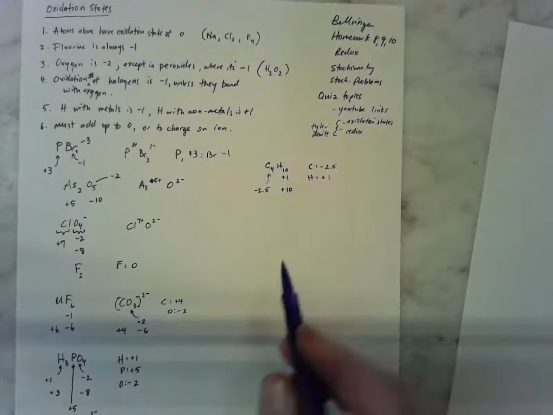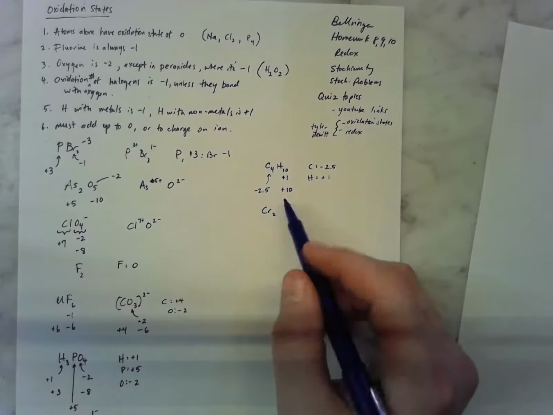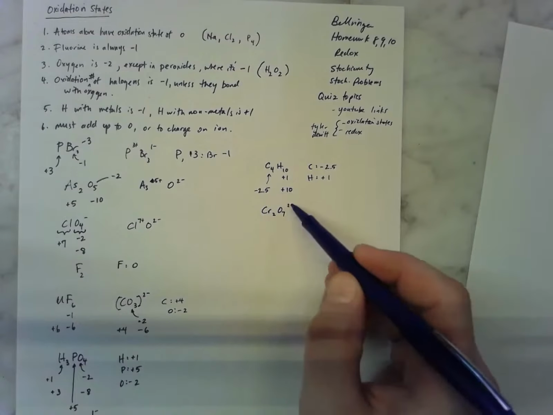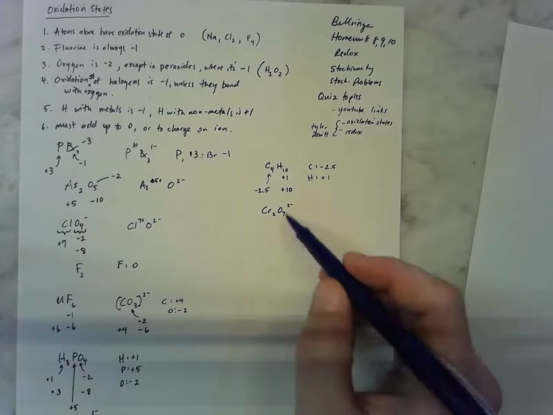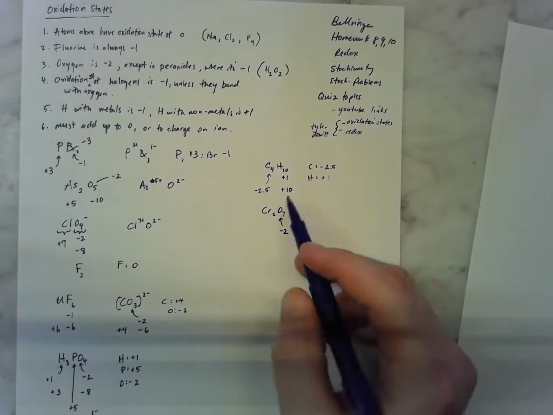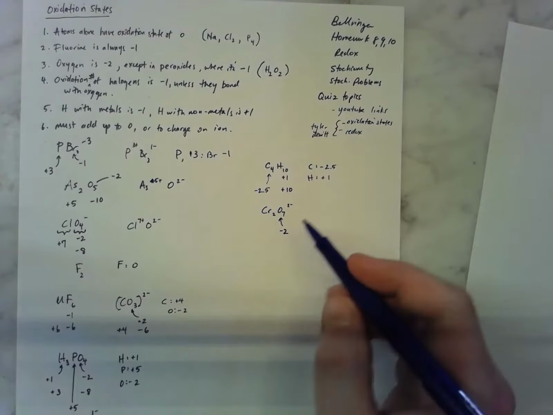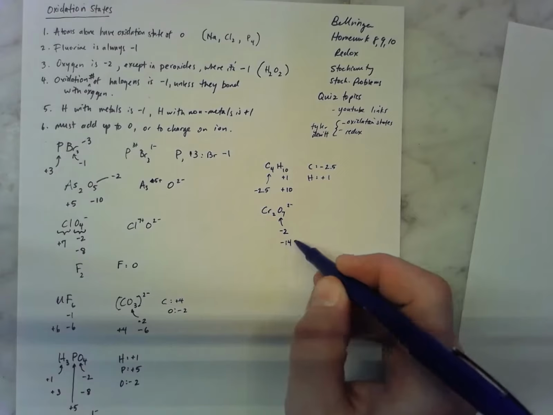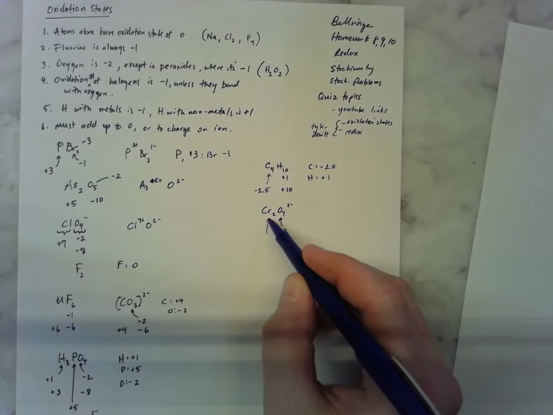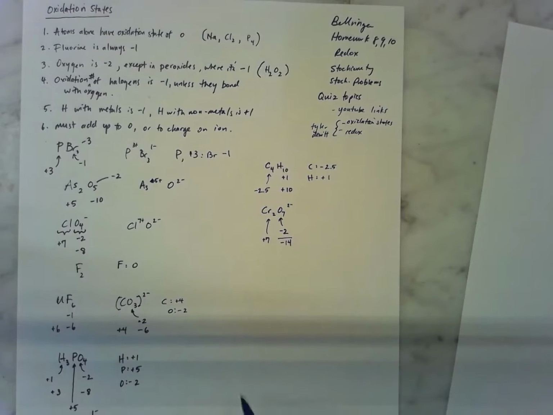Okay, very quickly now, Cr2O7, and that's got to be a 2 minus overall. So what do we have? We've got a negative 2 here because we don't have any rules about chromium. So that's going to end up being a total of negative 14. And so what does that mean here? It means these have got to be plus 7.